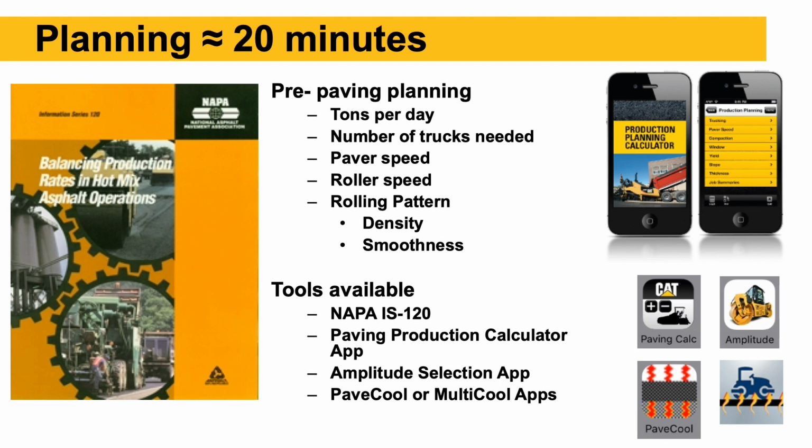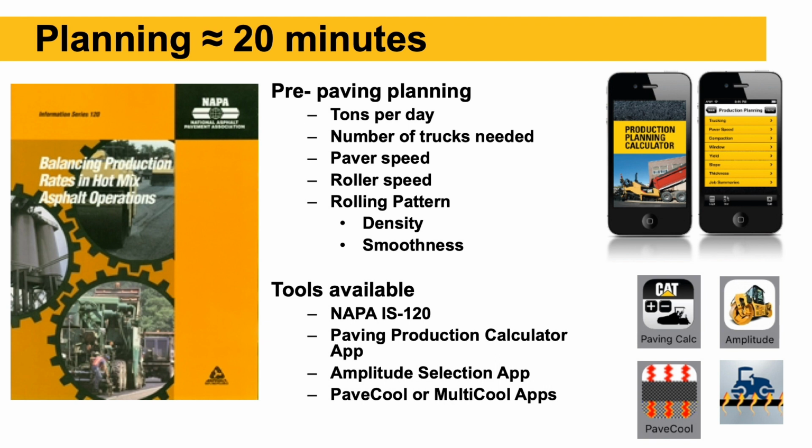NAPA, the National Asphalt Pavement Association, has a publication, IS 20, Information Series 20, that has worksheets that go through taking a certain tonnage per shift, for example 2,000 tons, and a paving width, say 12 feet, 2 inches thick. You use those inputs and the output of the hot plant. The mix plant will be able to tell you how many tons per hour they can deliver, whether it's 200 or 300 tons per hour to your job.